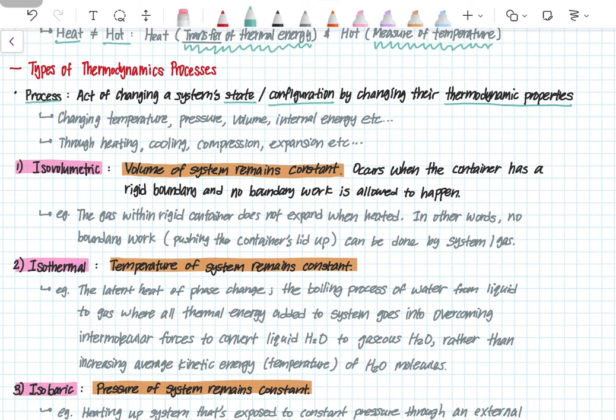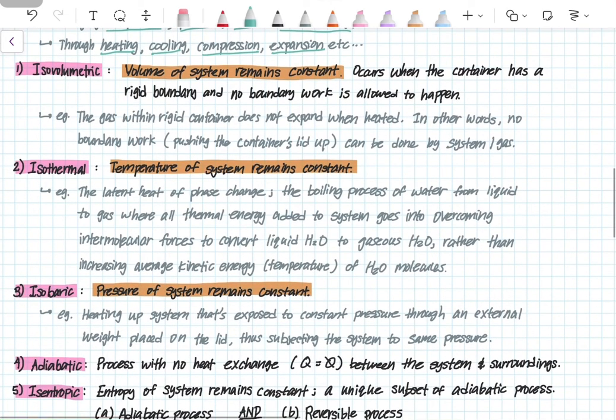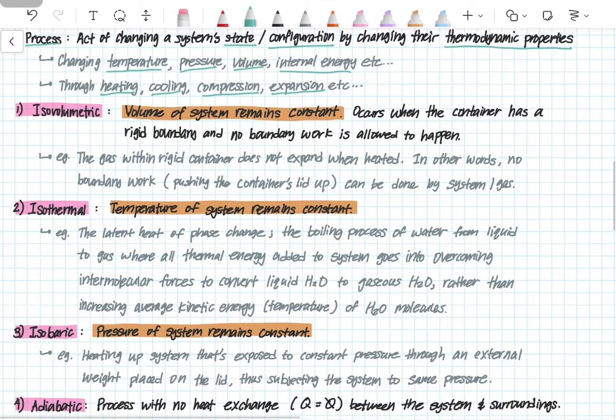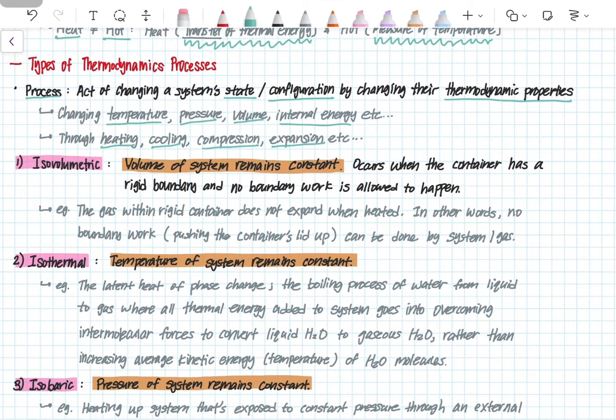That's a lot of words, but basically, we're going to be changing the temperature or the pressure or the volume or the internal energy of your system through different processes like heating, cooling, compressing, or expanding. Here, all the things that I've numbered and highlighted in pink are all major processes that we will deal with in thermodynamics.